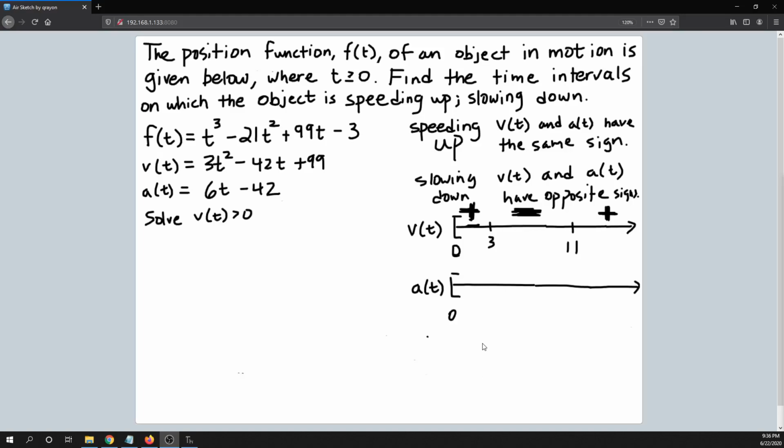We need to solve a of t greater than 0. So the inequality that we need to solve is 6t minus 42 is greater than 0.